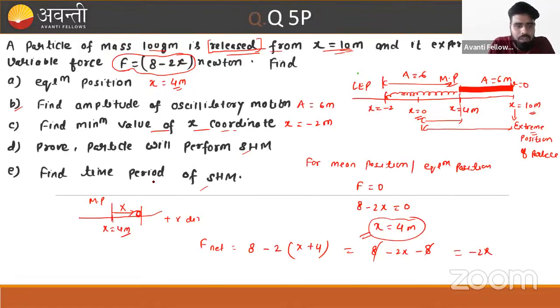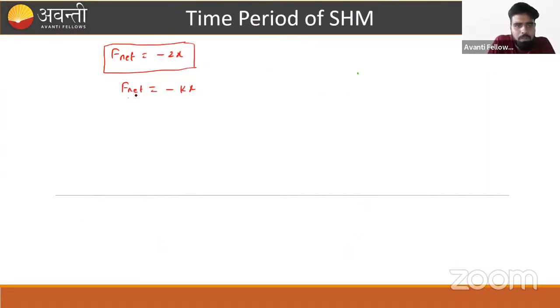See here, we displace the particle in this direction, but the net force acts in this direction. It means it satisfies the condition of SHM: restoring force always acts opposite to displacement. And the net force is proportional to the single power of x, which is again a very beautiful thing.